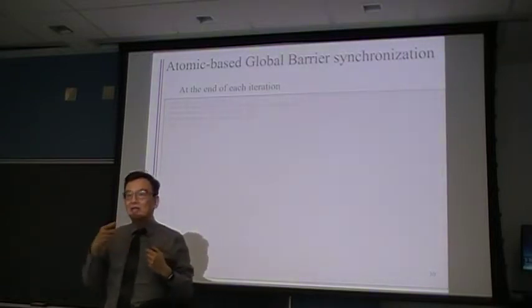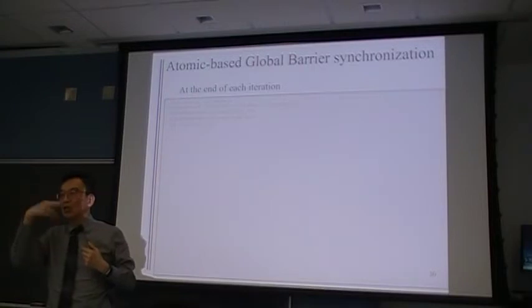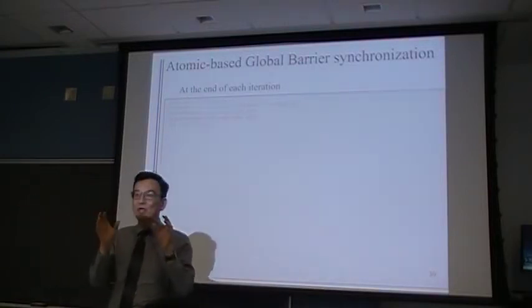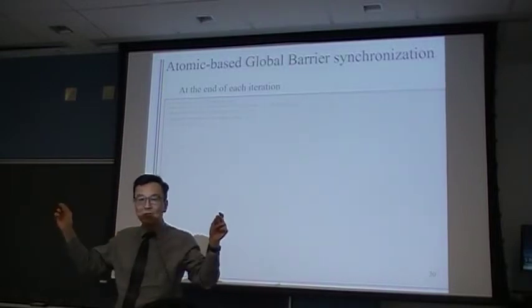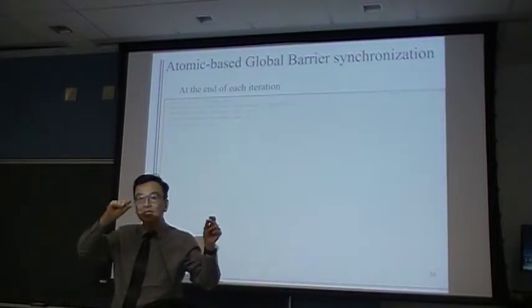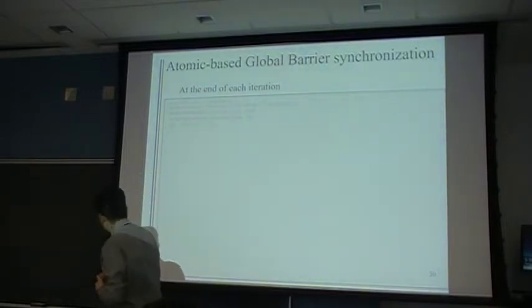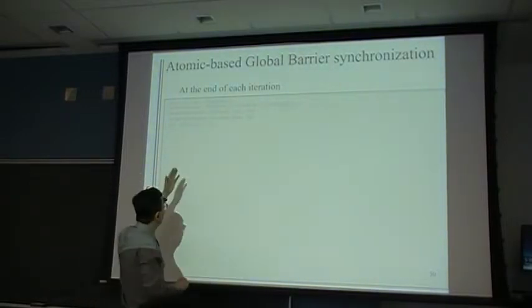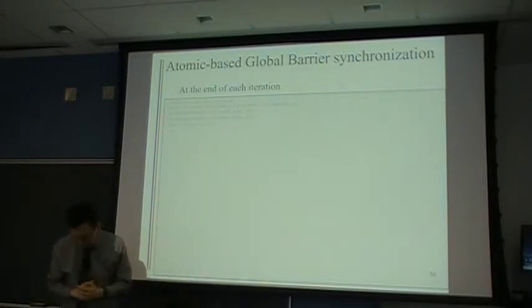On the other hand, the threads that are still working on the current frontier will say, I'm working on the current frontier. So every thread will have a local frontier variable that indicates where the thread is. And so we have those three variables, two global variables and one local variable.